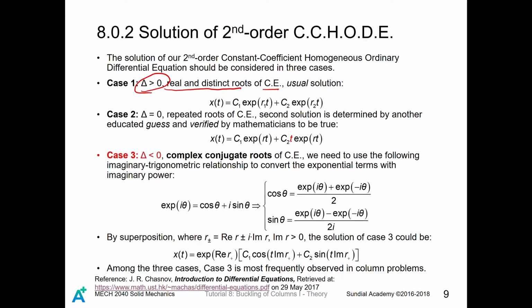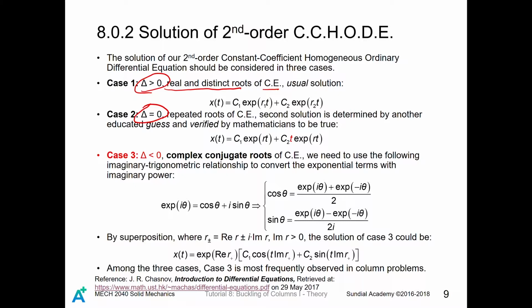Another case is when delta, the determinant, equals 0. That means the characteristic equation only gives you one solution. Since in the second order constant coefficient homogeneous ODE we need two solutions so that we can have a linear combination, we have to make up another solution.